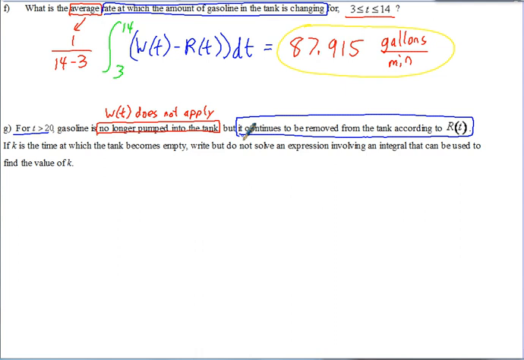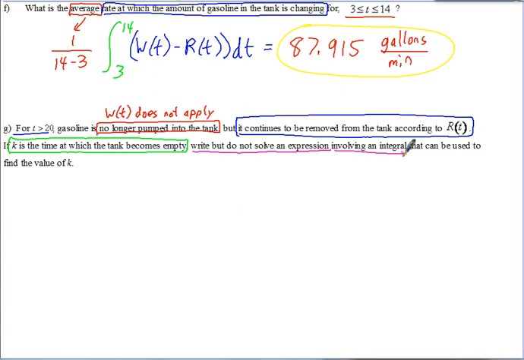And k is the time at which the tank becomes empty. But do not solve an expression involving an integral that can be used to find the value of k. So we just have to set it up.